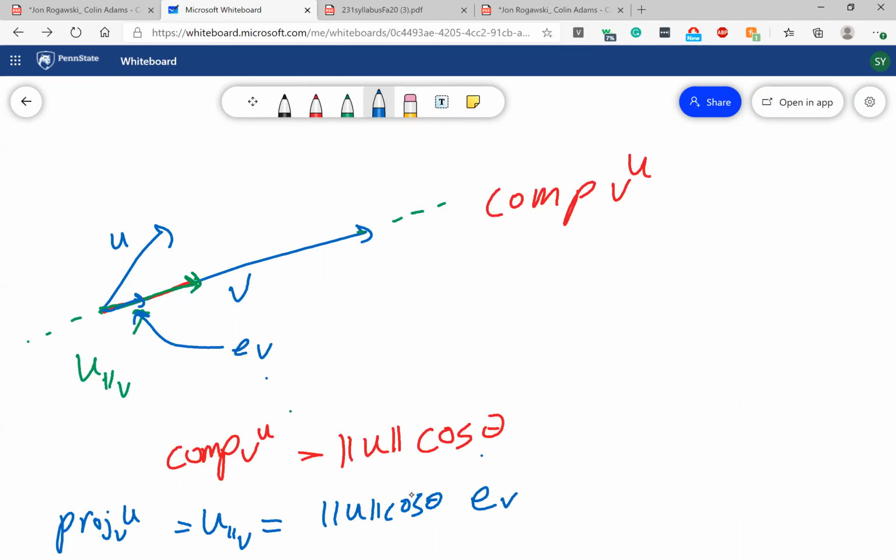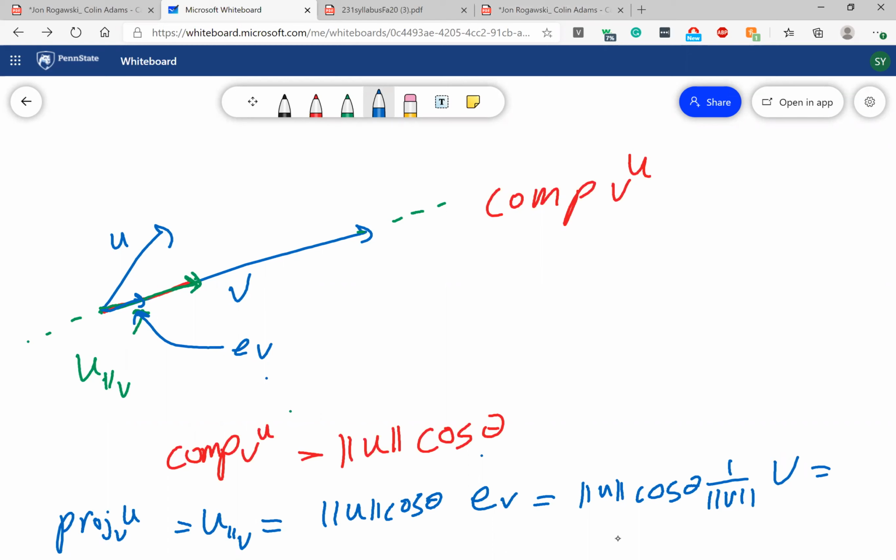So now this over here is equal to the magnitude of u times cosine of theta times 1 over the magnitude of v times v. Right? Because this over here is just EV. Okay, so now you just multiply the top and the bottom over here by the magnitude of v.